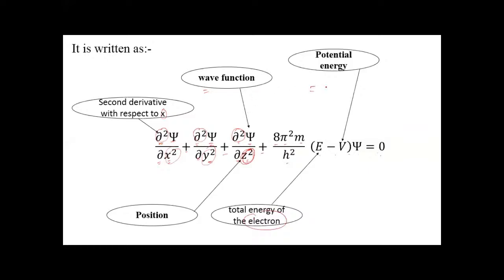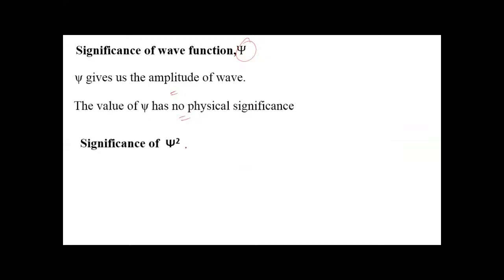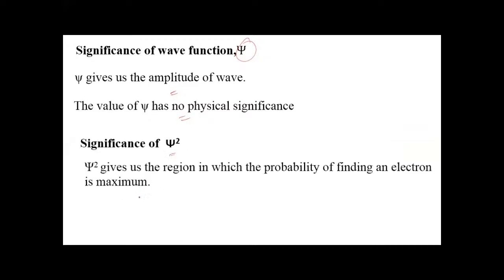Now, the significance of wave function psi. The wave function gives us the amplitude of the wave. The value of psi has no physical significance. Significance of psi square: psi square gives us the region in which the probability of finding an electron is maximum.